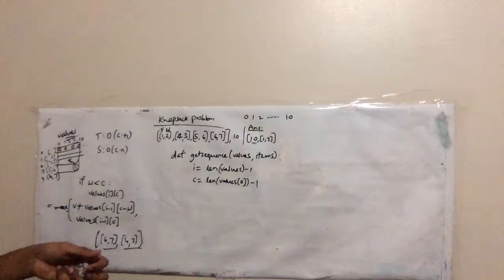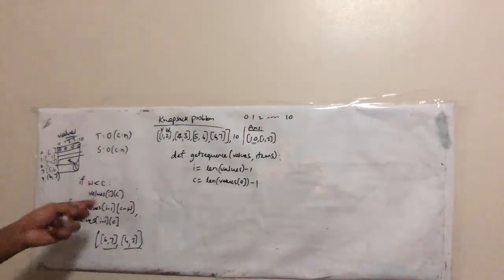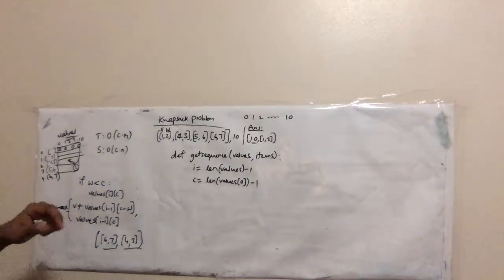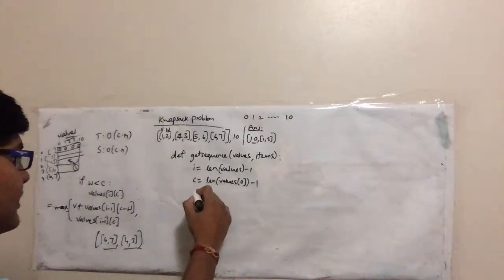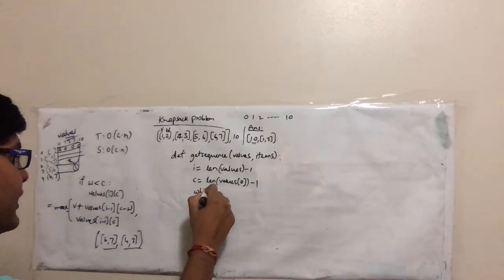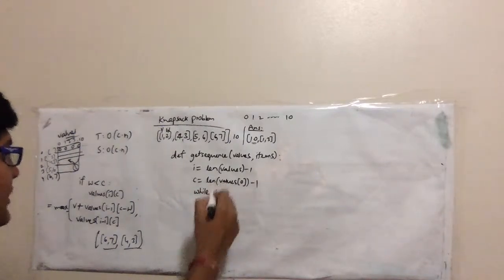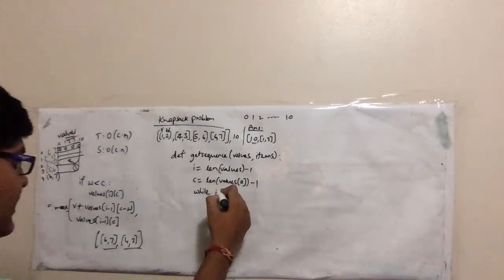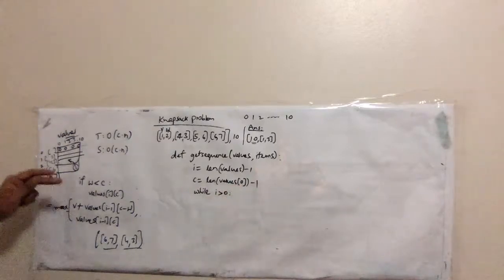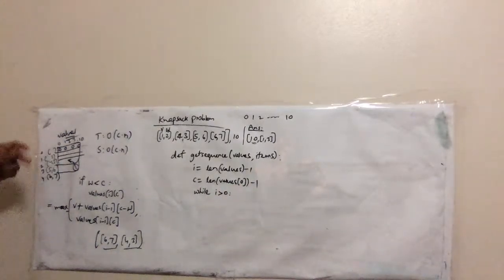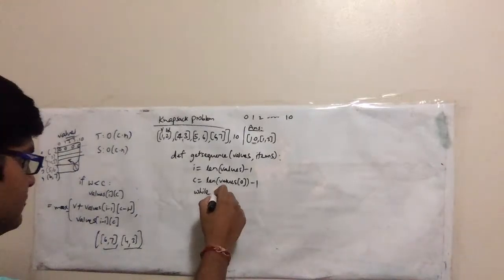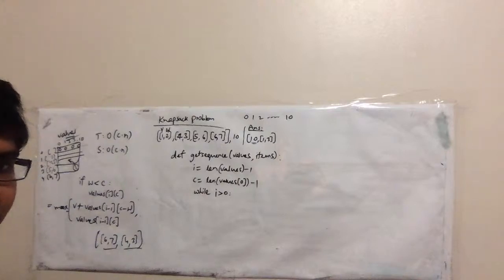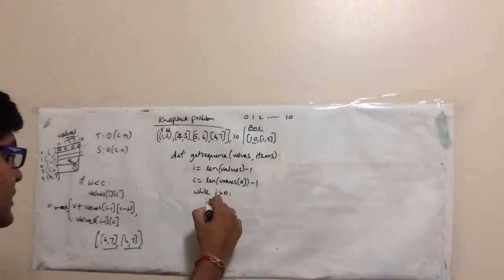If that is equal, that means that row is not considered. Okay, so I will proceed like this. While I is greater than 0, I need to iterate until maybe 0, and I need to check what I told just now.